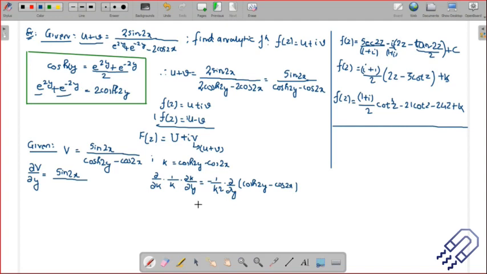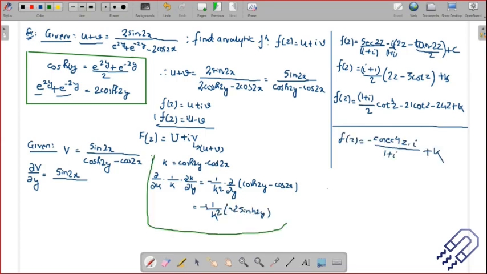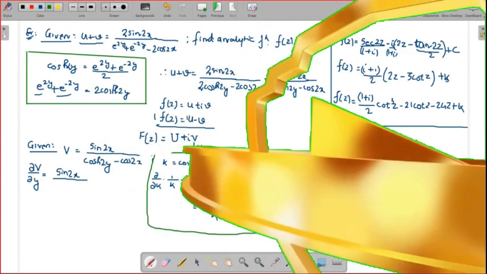You can always do the substitution method and do it easily. Please make sure that all of you are doing it. So this will be minus 1 divided by k square into del y of this cos, and that will be a minus sign again. This will be minus, and 2 times sine of, you should be able to do it by substitution method.